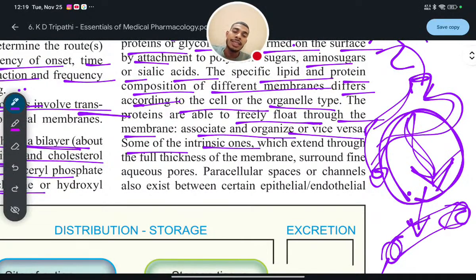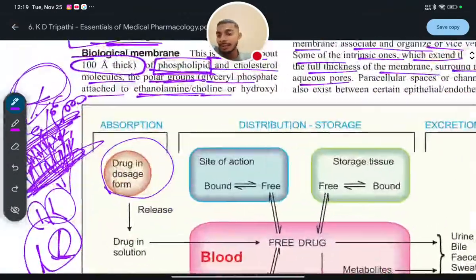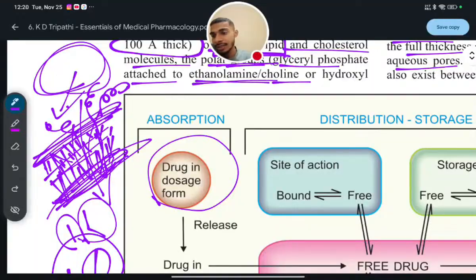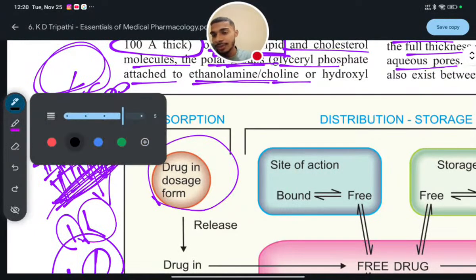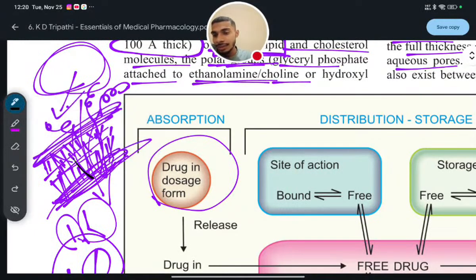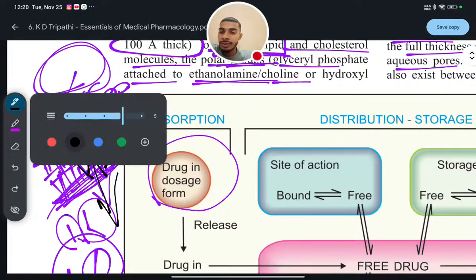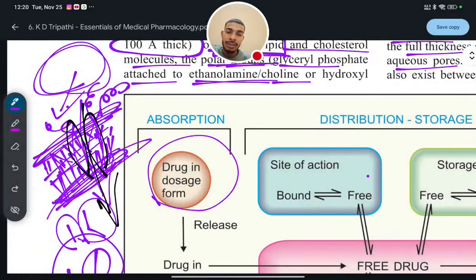Some of the intrinsic ones, which extend through the full thickness of the membrane, surround fine aqueous pores. That was the integral protein I told you about. This channel I'm talking about, this one. See, there is a pore or channel. So this book is telling about this topic.